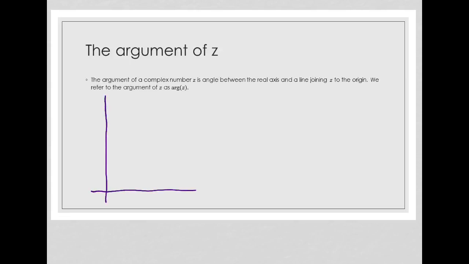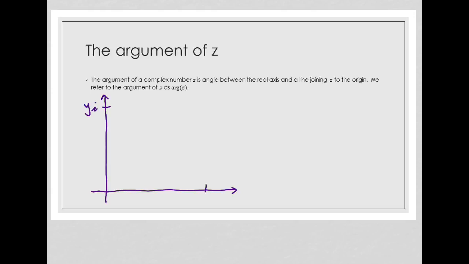Again, we start with the Argand plane. Remember that I'm doing it in the first quadrant, but it can be expanded into all 4 quadrants. But for explanation's sake, I'm going to work in the first quadrant for now.